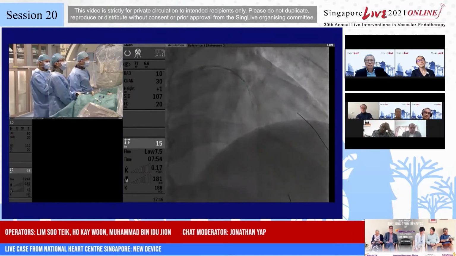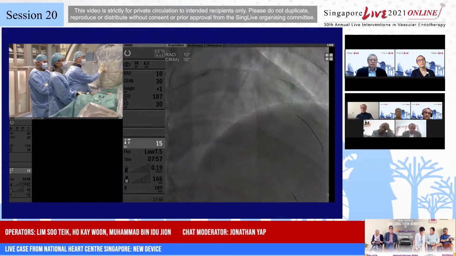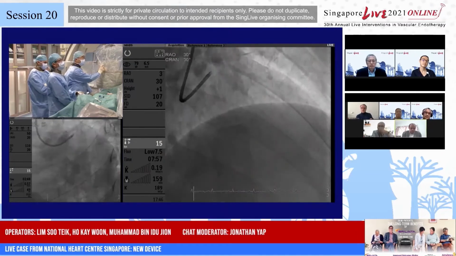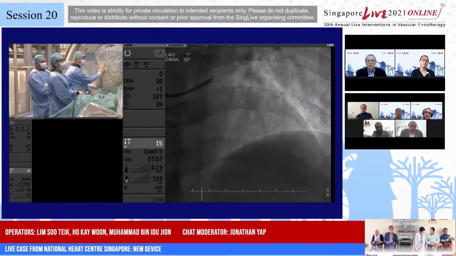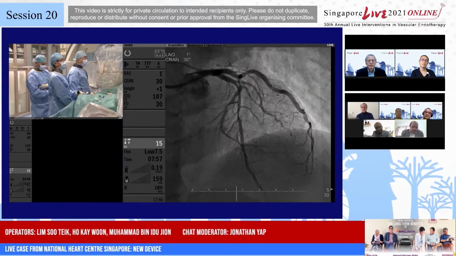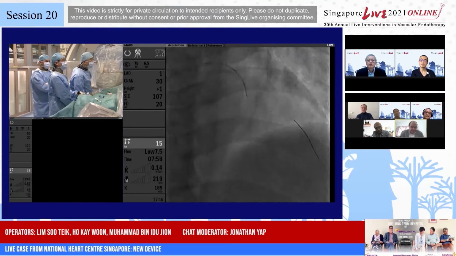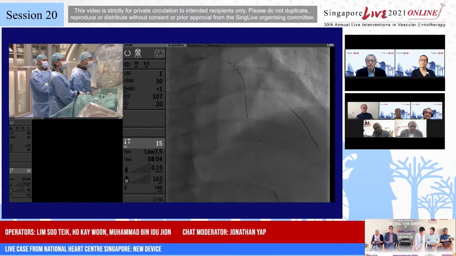Let's go to the AP cranial then. So stent delivery is... If you had to overlap, are there special techniques to overlap, like absorb, some edge to edge, or how do you overlap?